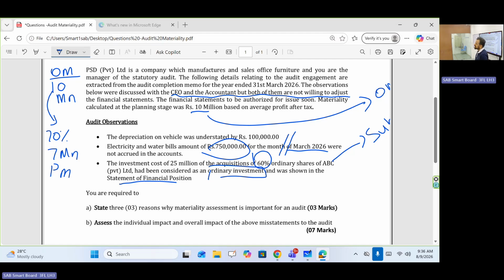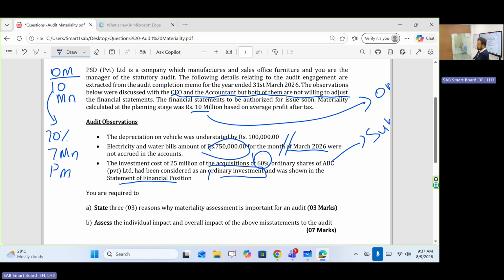It is not material as it is less than the overall materiality level and the performance materiality level.